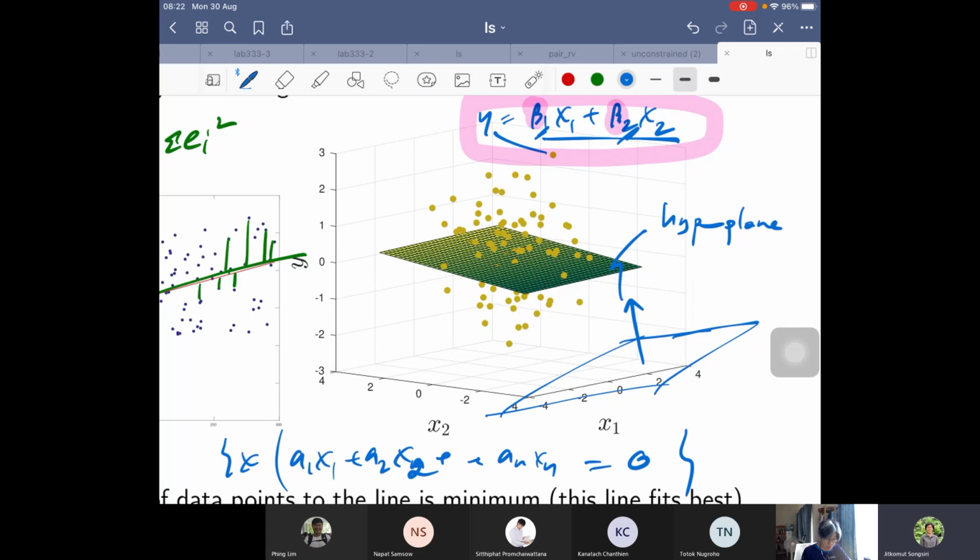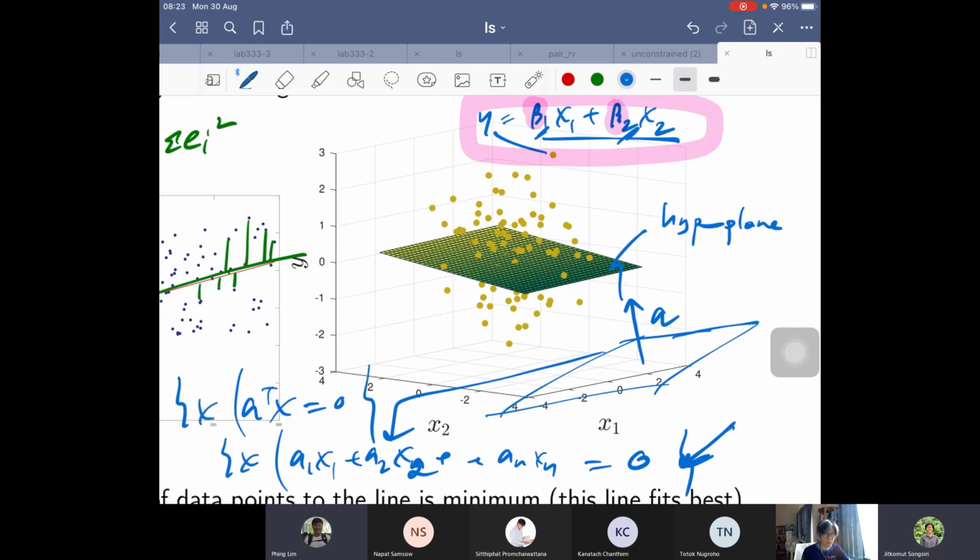The normal vector is what vector? Ping? It's the vector that's perpendicular to the plane, right? Yes, so it's the vector A. If your hyperplane is described by this equation, the vector A is the normal vector, and it's the dot product with x equals 0.